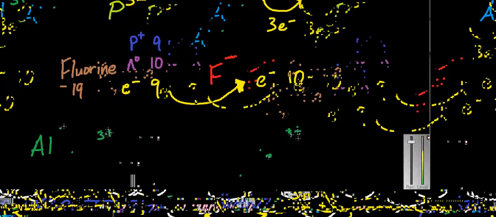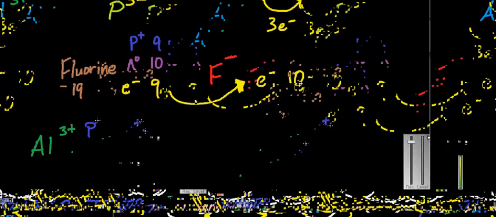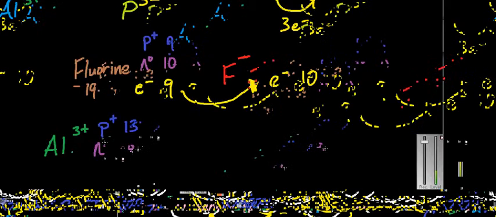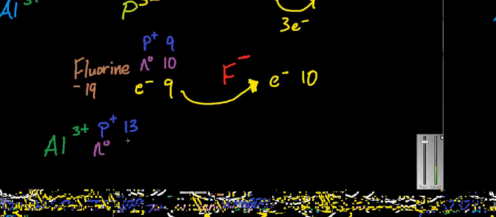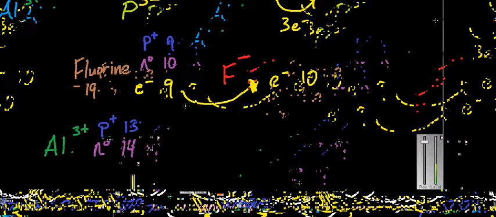If I were to ask you how many protons, neutrons, and electrons were in aluminum 3 plus, protons is just the atomic number, so protons would be 13, and the average atomic mass of aluminum is 27. So if I take 27 minus 13, I get 14 neutrons.